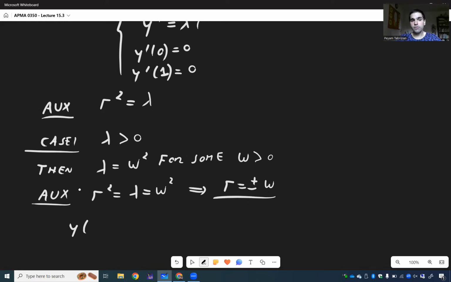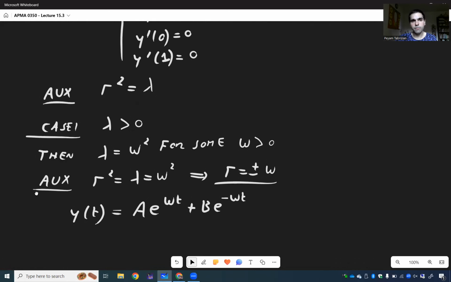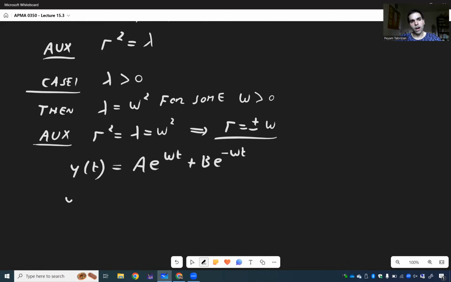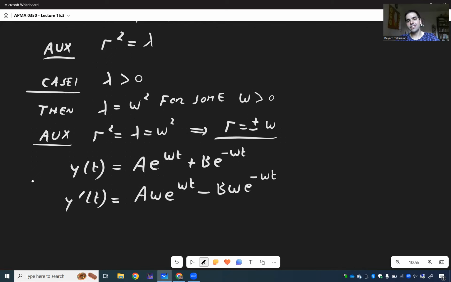And in this case, the solutions are a e to the omega t plus b e to the minus omega t. Now, what we need to do is calculate the derivatives and plug in 0 and 1. So let's calculate y prime of t. By the chain rule, it's a omega e to the omega t minus b omega e to the minus omega t.